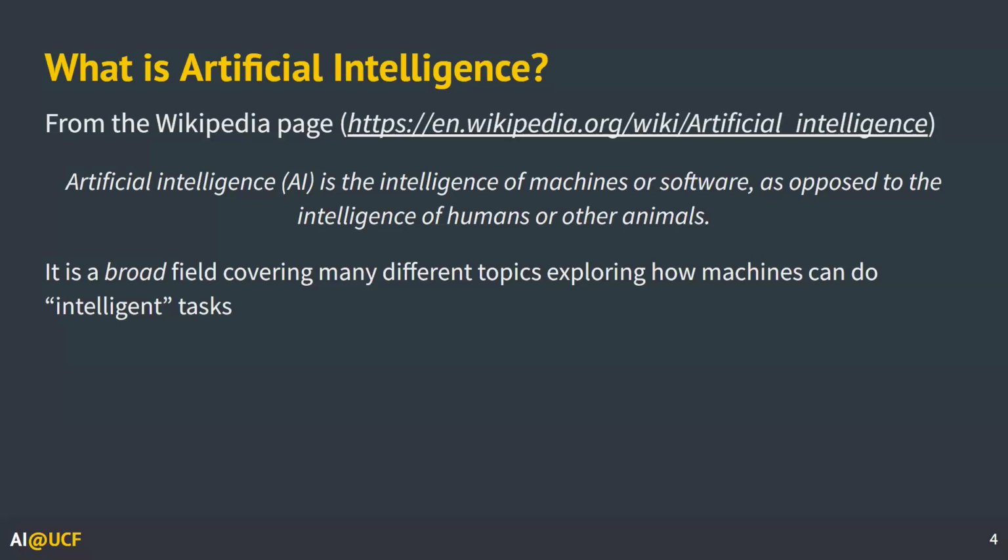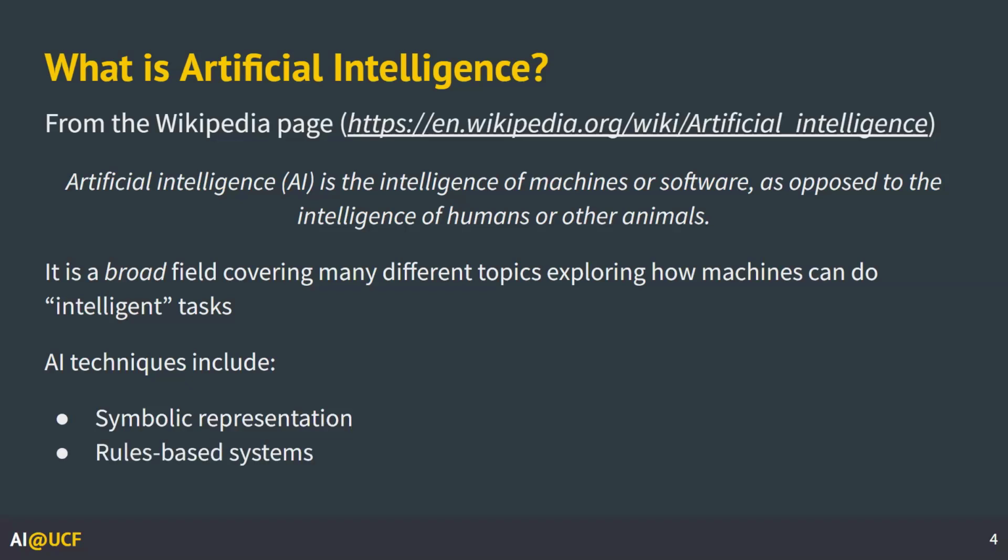They all work in the field of artificial intelligence, and they're all trying to explore how machines can do intelligent tasks. And there's a lot of different AI techniques that have come out through the years. This is a near 100-year-old field, with techniques such as symbolic representation, rules-based systems, and machine learning.